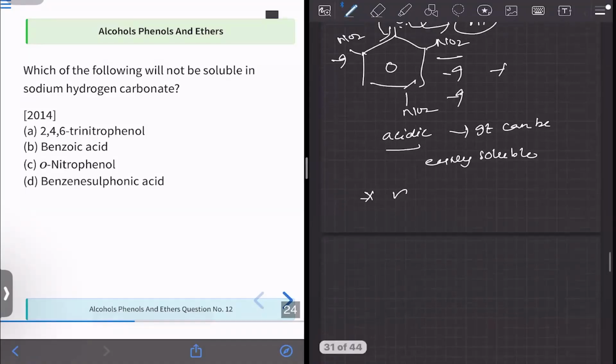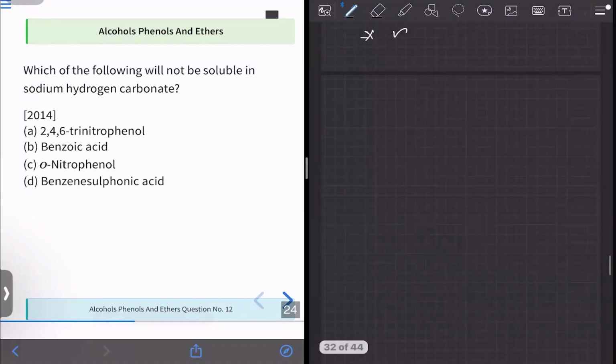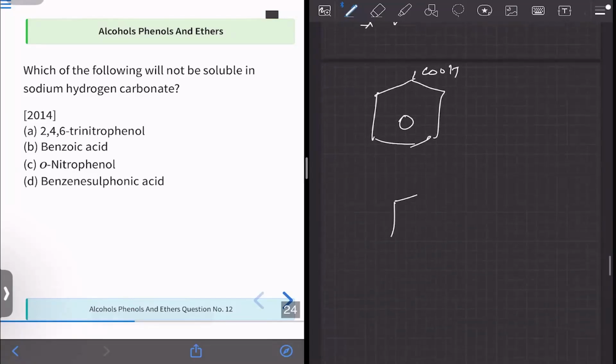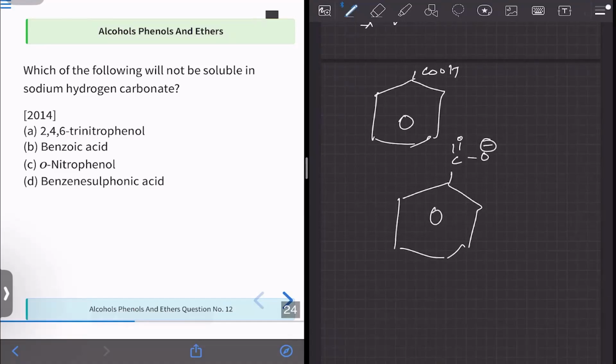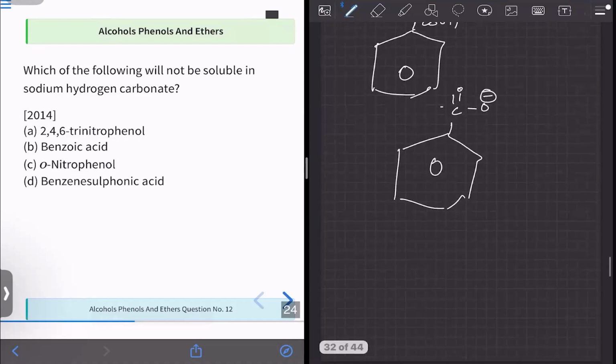They are asking which will not be soluble. Next, option B includes benzoic acid, with COOH. We all know that after removing H from benzoic acid, the anion undergoes resonance, C double bond O minus, which makes it more stable.